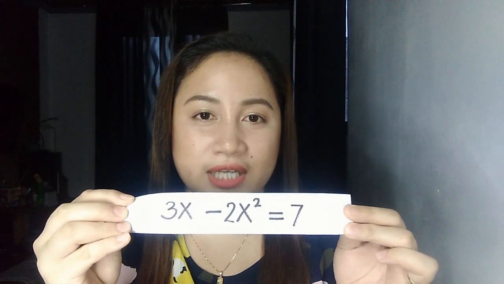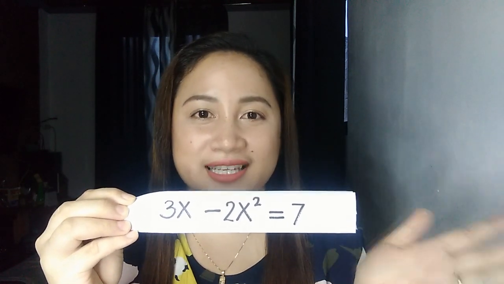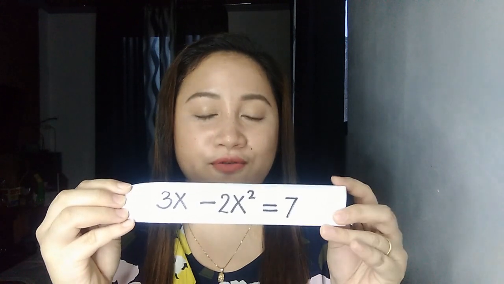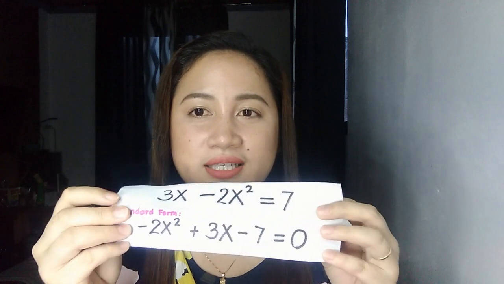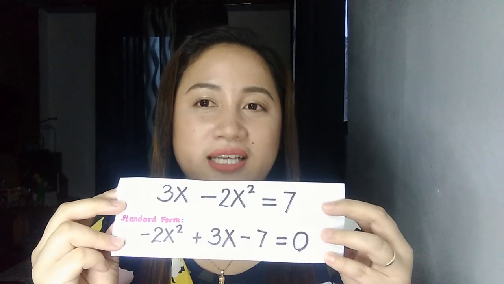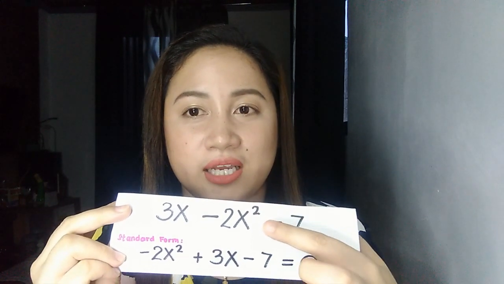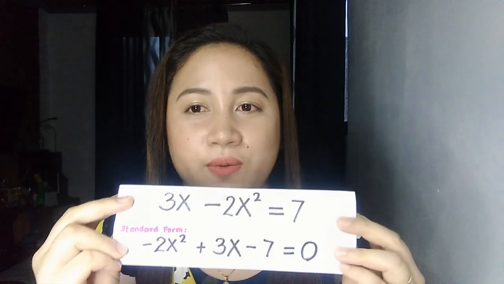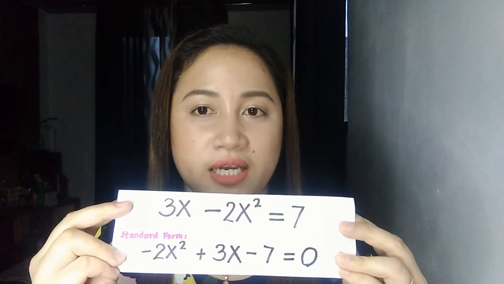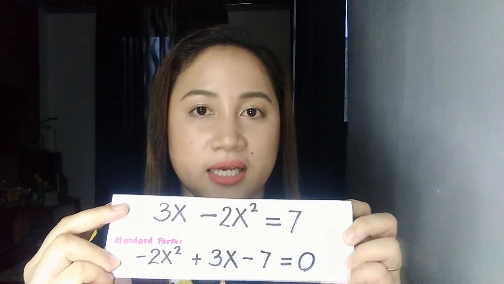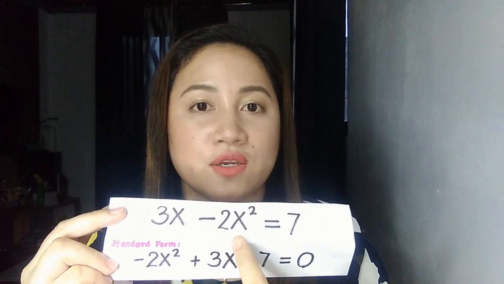So again, if you still need more time, you can pause this video and then play it again once you have the answer. So for the standard form of this equation is, okay, so that is the standard form. Kasi quadratic siya, obviously, because the highest degree is 2. Ayan. So we have the standard form, 2x squared plus 3x minus 7 equals 0. So what happened is, yung 7, we have transposed 7 to the other side of the equation.